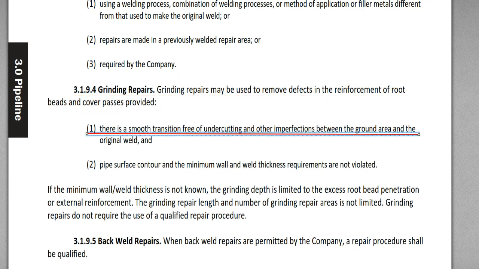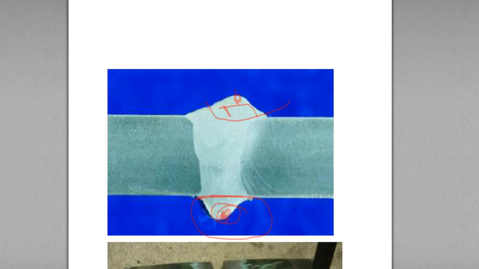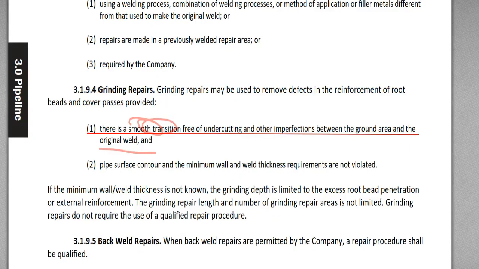Conditions: number one is there is a smooth transition, free of undercutting and other imperfections, between the ground area and the original weld. There's a smooth transition, something like this. This can be a smooth transition, but this is not. This is a radical transition. Free of undercutting.